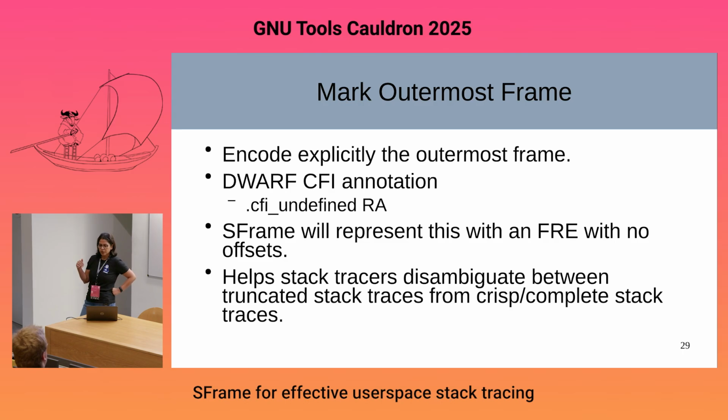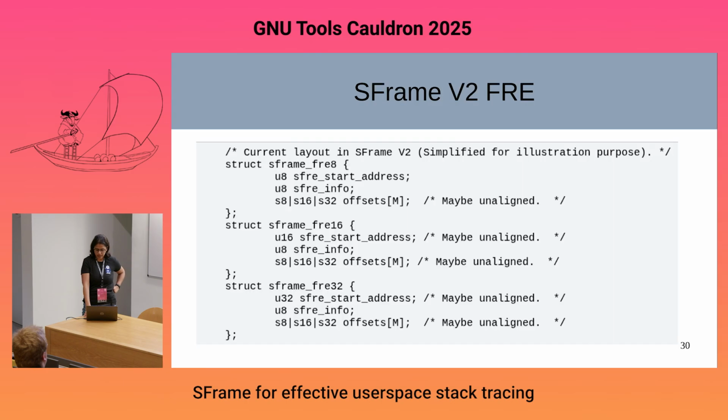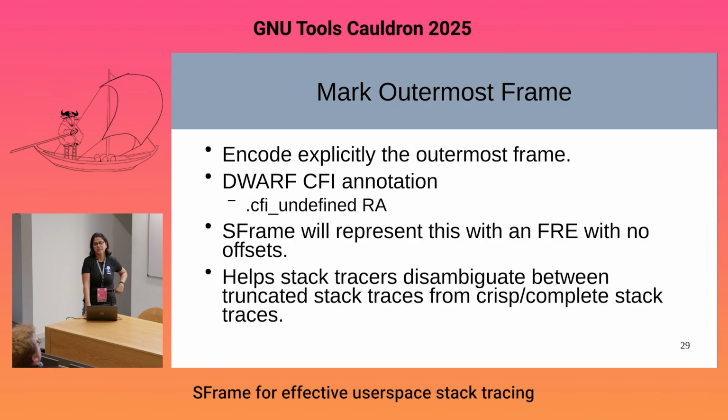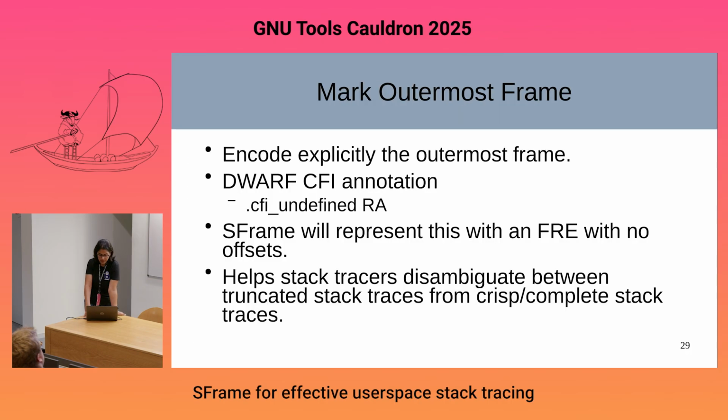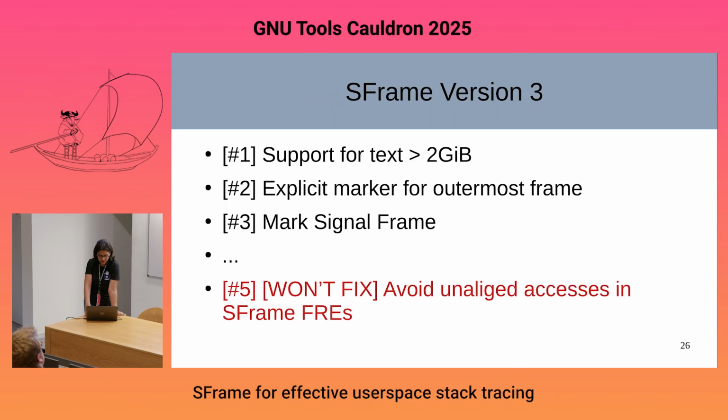And this is good for consumers, because then a stack tracer can know whether the stack trace ended because this was the topmost frame, or because you had no SFrame section for it. So it helps, and the way we plan to encode it in the SFrame section is basically an FRE with no offsets. There is no format change necessary as such, and I think we have communicated this to the LLVM folks too, but we should make a note in the specification anyway.